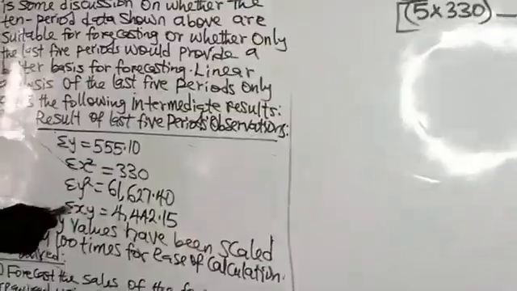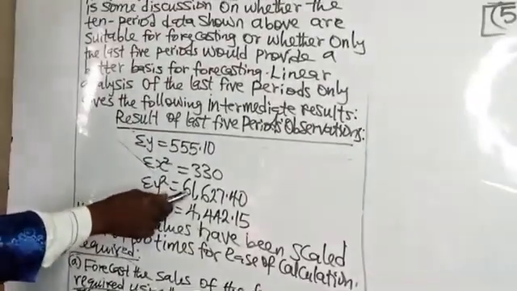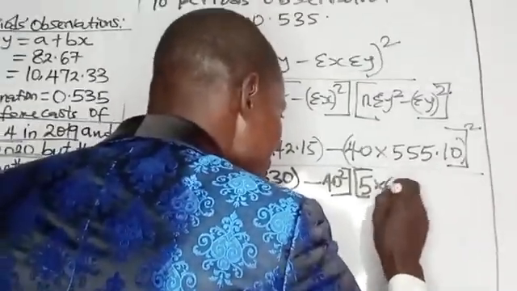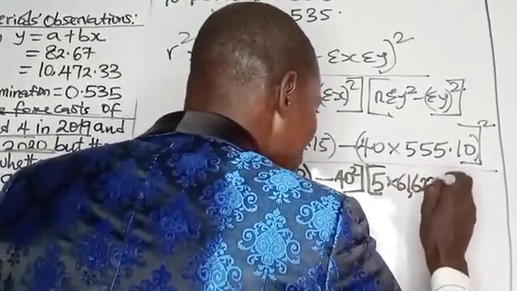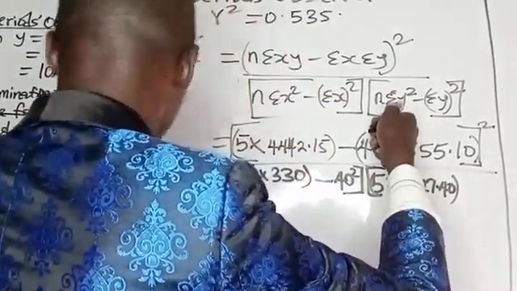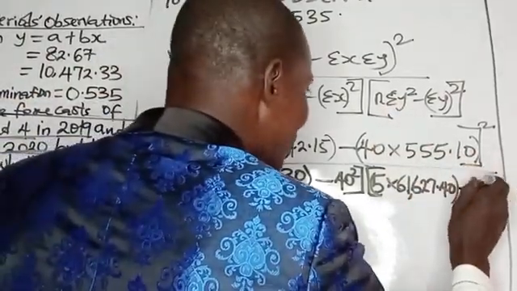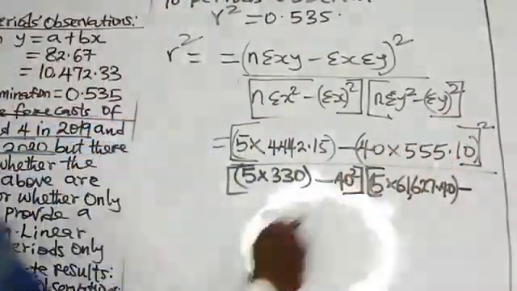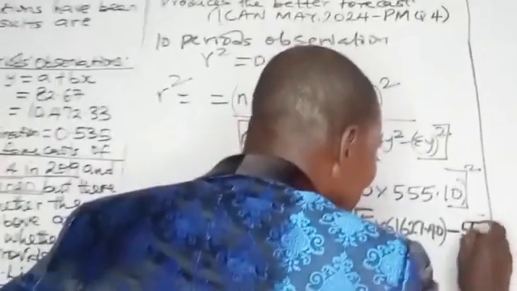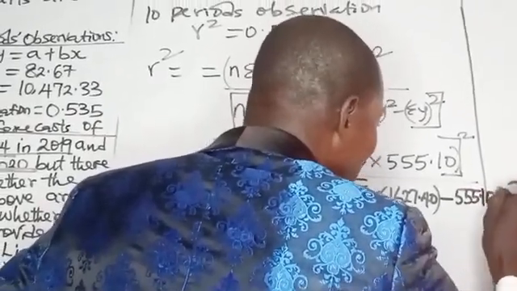Summation y squared is given to be 61,627.40, minus summation y all squared. And summation y is given to be 555.10, squared.